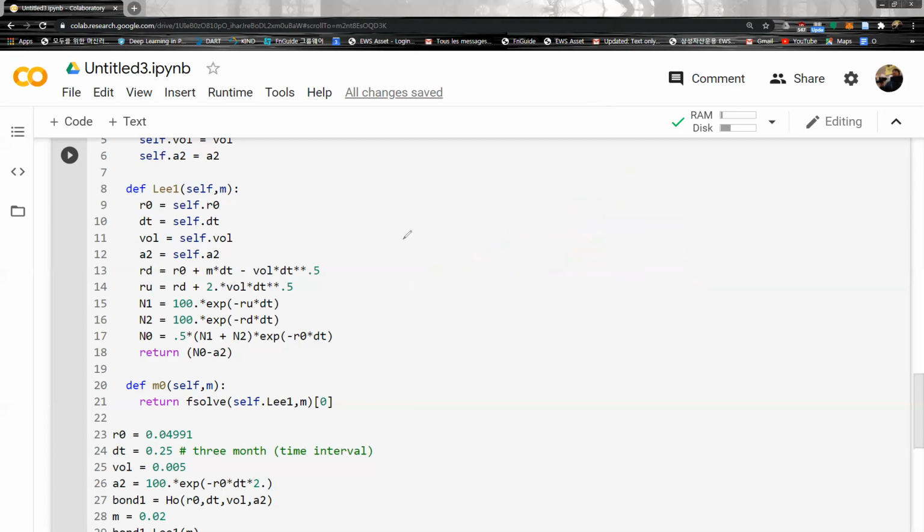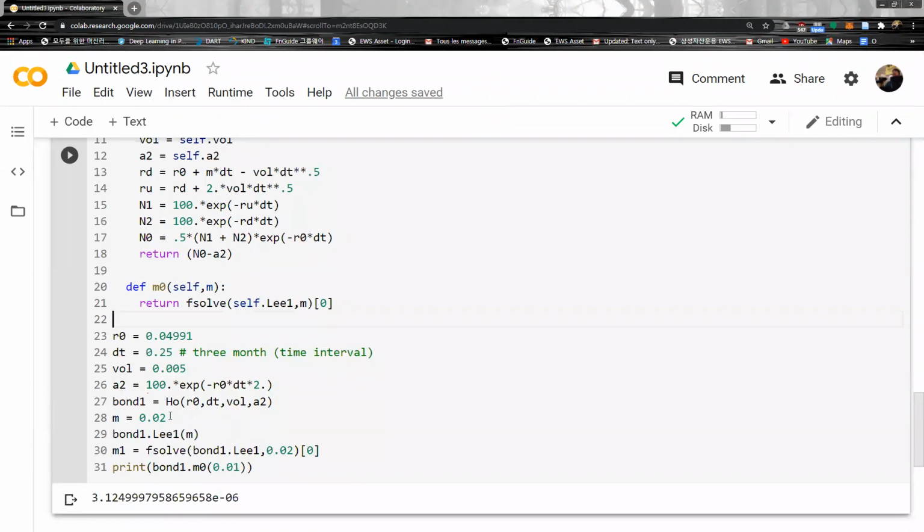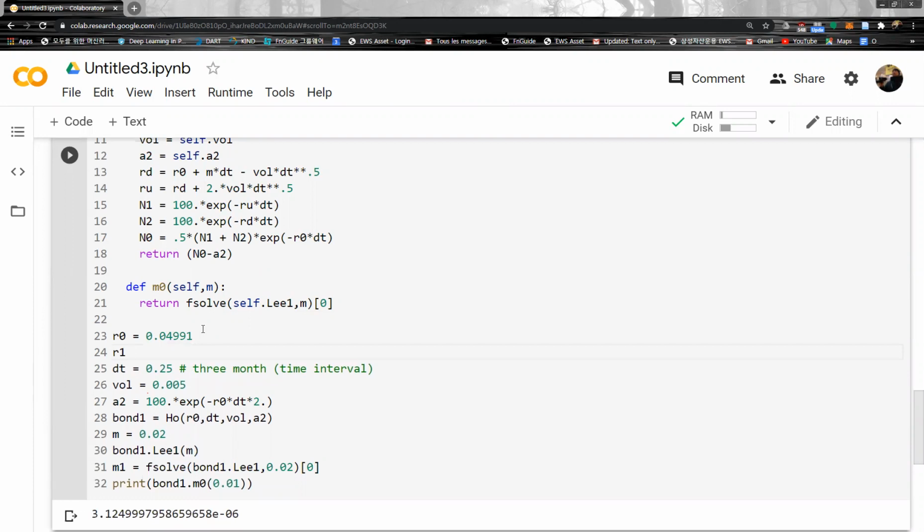Now I think we have to introduce another bond. Here, another bond. Let's say R1 is the interest rate for another period. Let's say this rate is what?